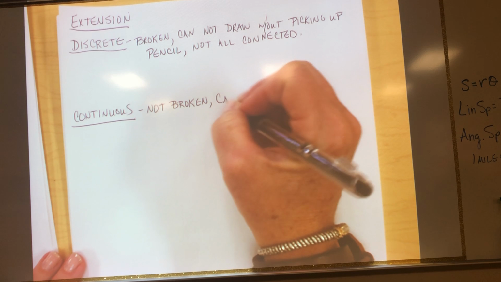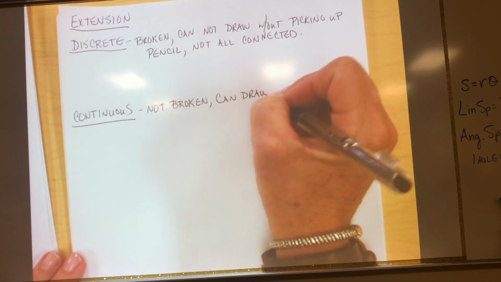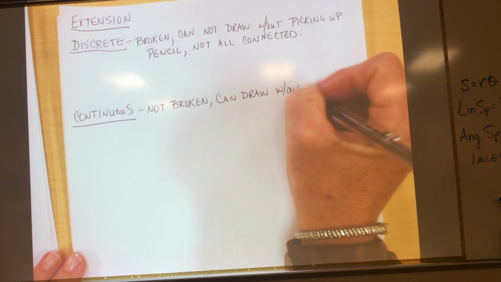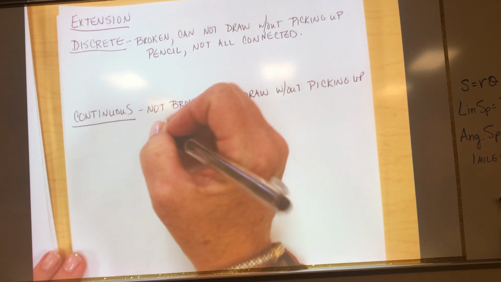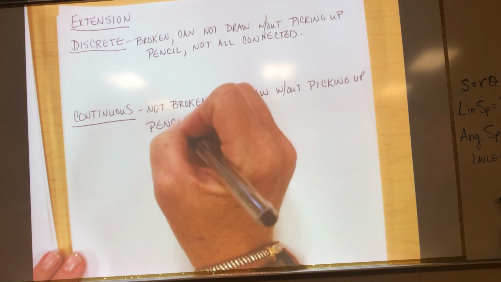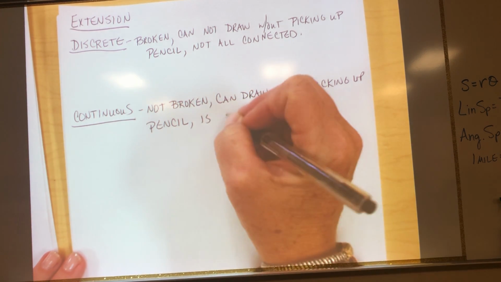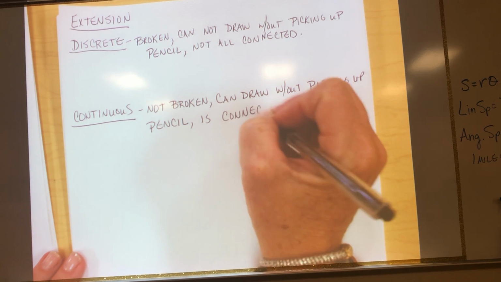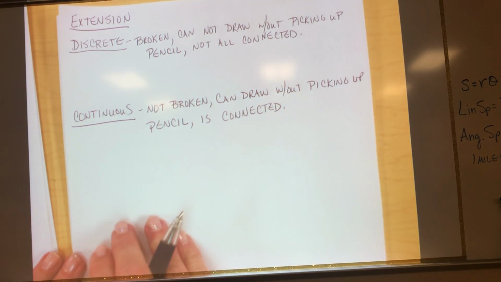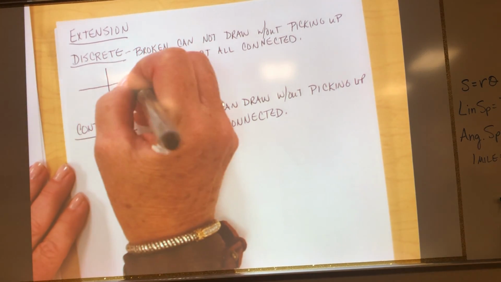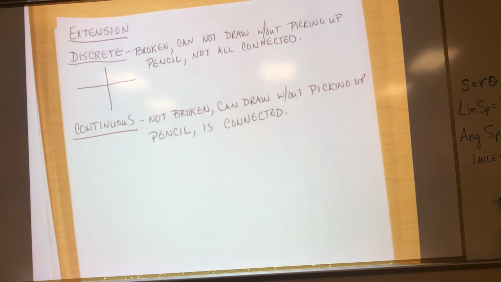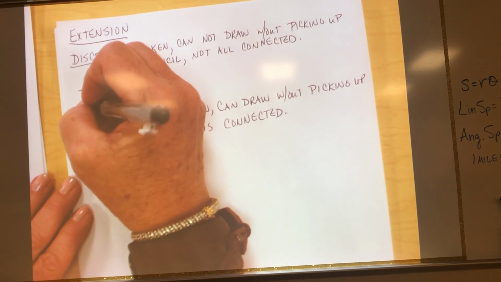I can draw it without picking up my pencil. It is connected. So this is what a graph of a discrete function looks like. Y'all, there's an infinite number of discrete functions. I'm just going to draw you an example of a graph. He might look like this.